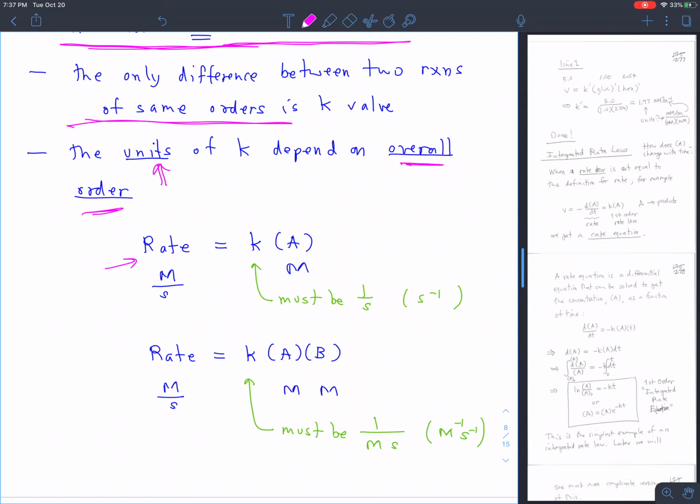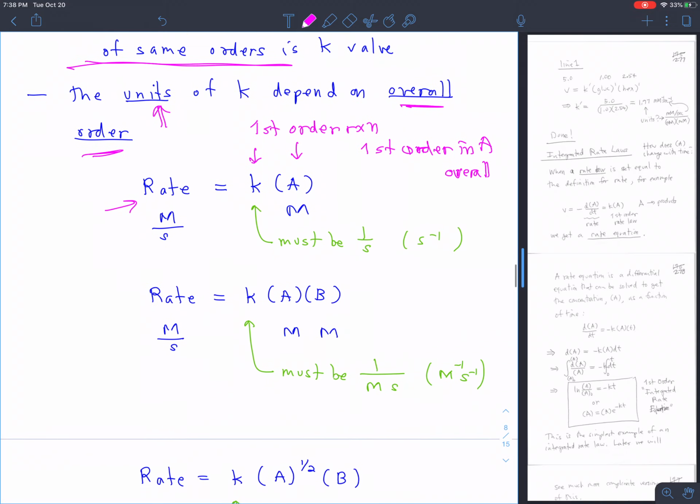So let's consider this rate law, K times A. That's first order in A, and first order overall, right? Also, so this is a first order reaction, no matter how you look at it.